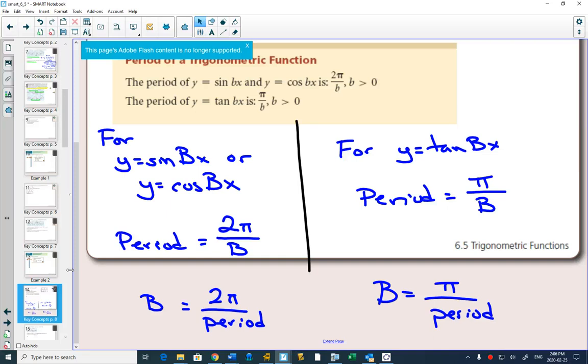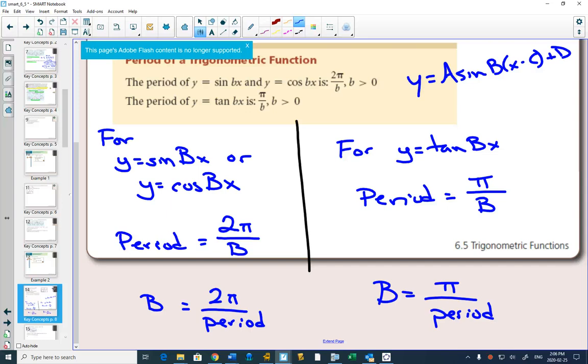What is b? B is whatever the horizontal stretch or compression is. So if you have y equals sine bx or y equals cos bx. And the reason we use b is because when we combine everything together with all of our transformations, we just keep going up by letters. And so A is for vertical stretches and compressions. It also is what amplitude starts with.